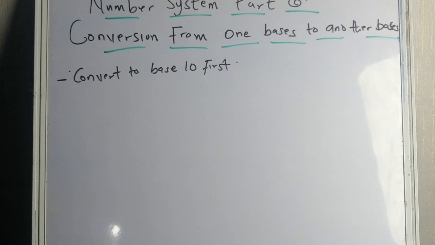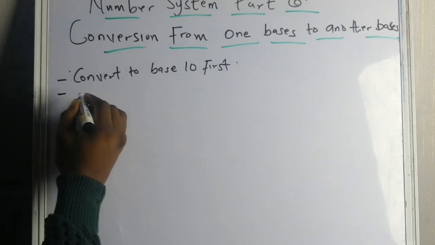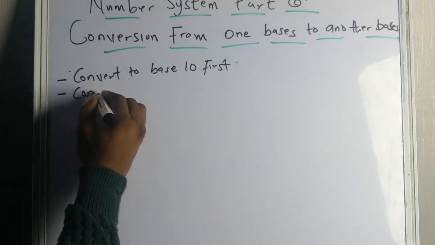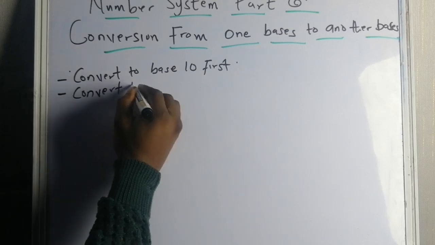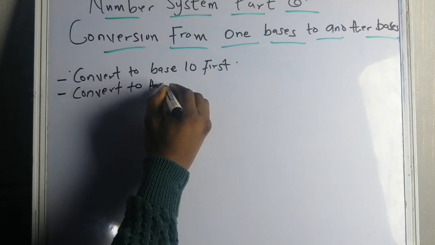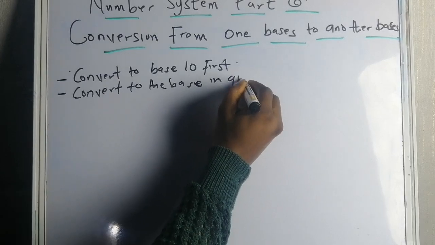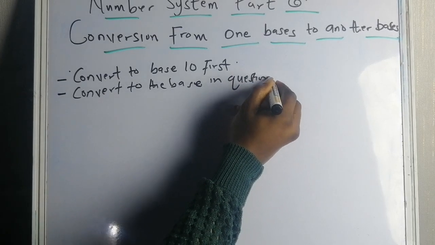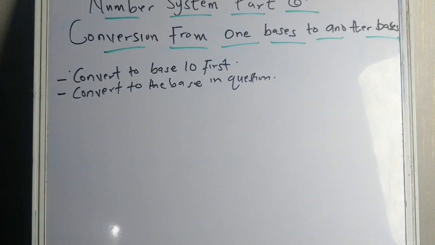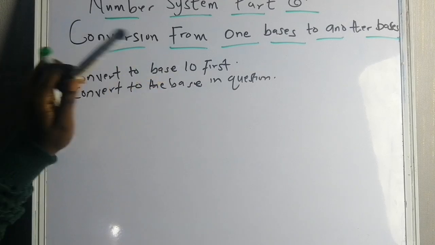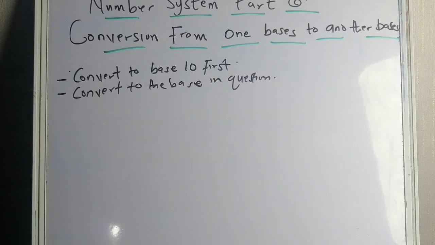Then the second step, from there you can now convert to the base in question. So the first condition is that you convert to base 10 first. Then after that, you can now convert to the base in question.